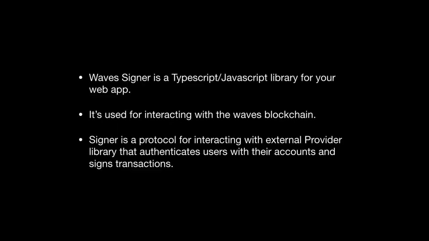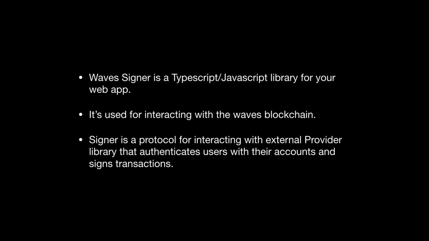What is Wave Signer? Wave Signer is a TypeScript or JavaScript library for your web app. So you use it to interact with the Waves blockchain. It's like a protocol in which you could interact with external library providers, which will allow you to authenticate your app and also sign transactions.